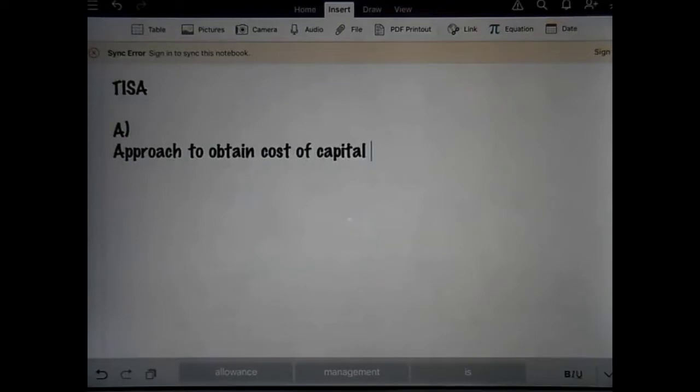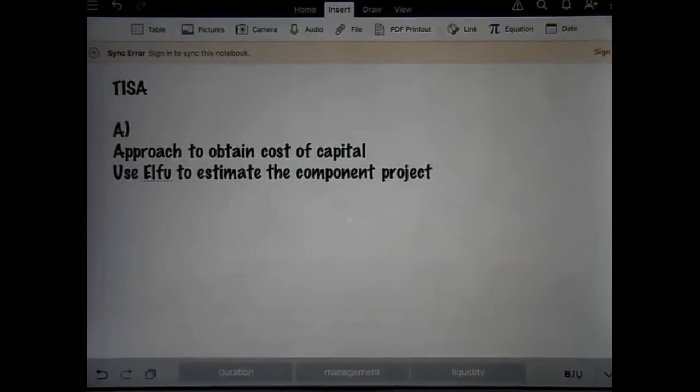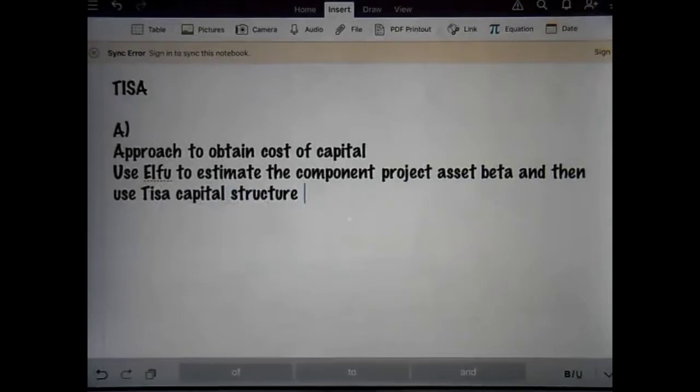Cost of capital will be based on: use ALFU to estimate the component project asset data, and then use Tisa capital structure to estimate the project equity beta. Does it make sense?